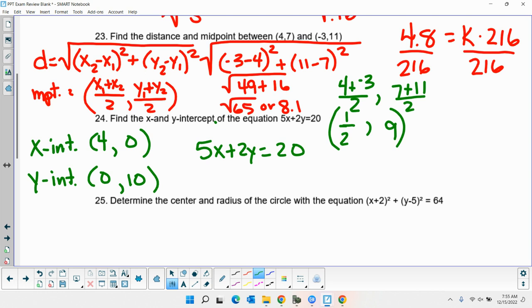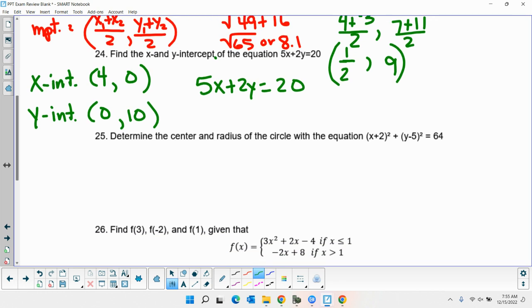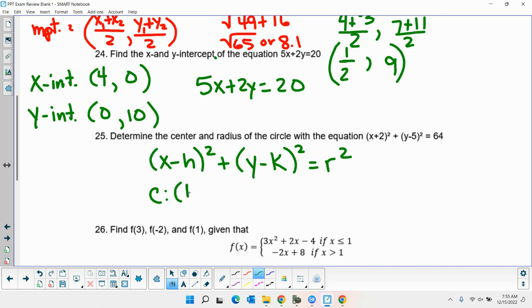Number 25, we have an equation of a circle there. Remember, the equation was x minus h squared plus y minus k squared equals r squared. So remember, the center was the h, k, and the radius was r, the square root of that.